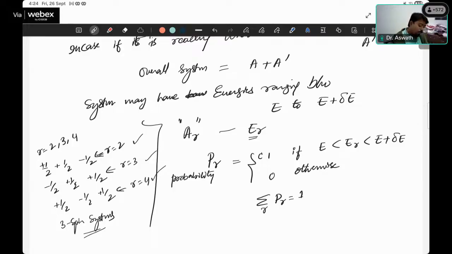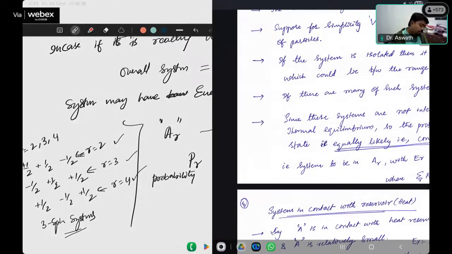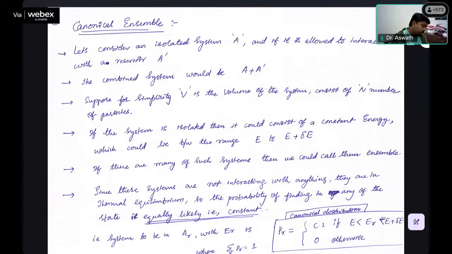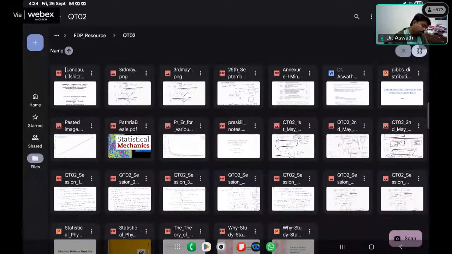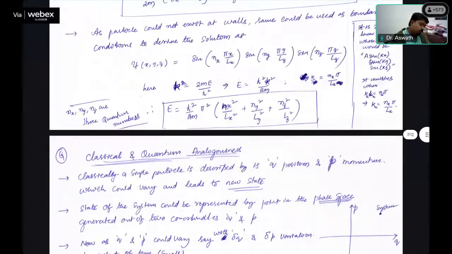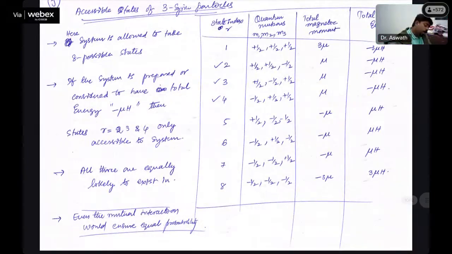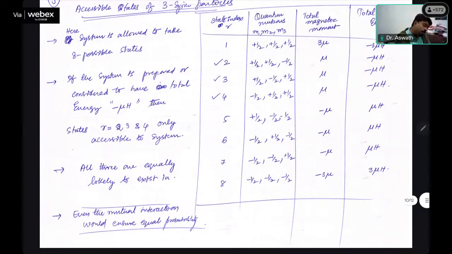So what I mean is, let me use the previous situation and explain. Let me go to the table. Here you see R equal to 2, R equal to 3. In all the cases, the overall energy is minus mu h and the overall magnetic moment is mu.